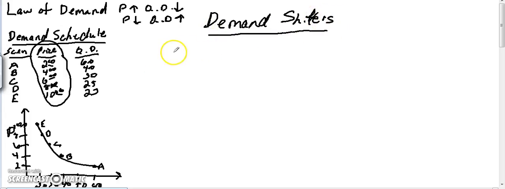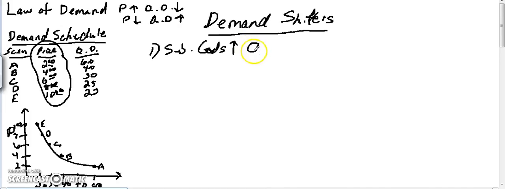Demand shifters. The first one the textbook talks about is substitute goods. Here we're talking about buying songs off the internet. A substitute good could possibly be a CD, the hard copy of the song itself. So let's say the price of that substitute good goes up. What's going to happen if the price of that substitute goes up?